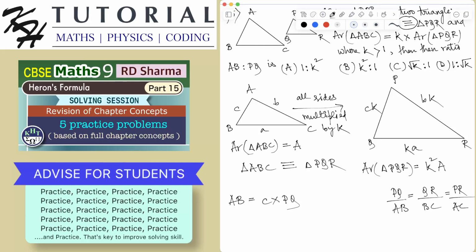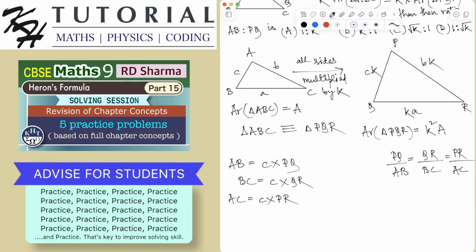Then this will imply that BC should also be equal to C times QR, and we must have AC is also equal to C times PR.